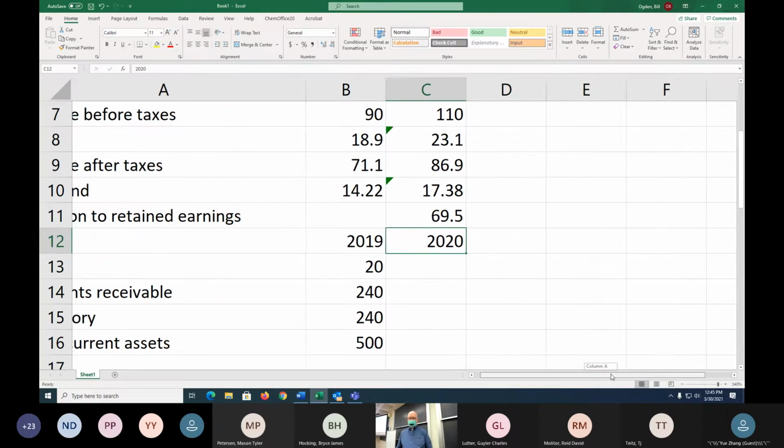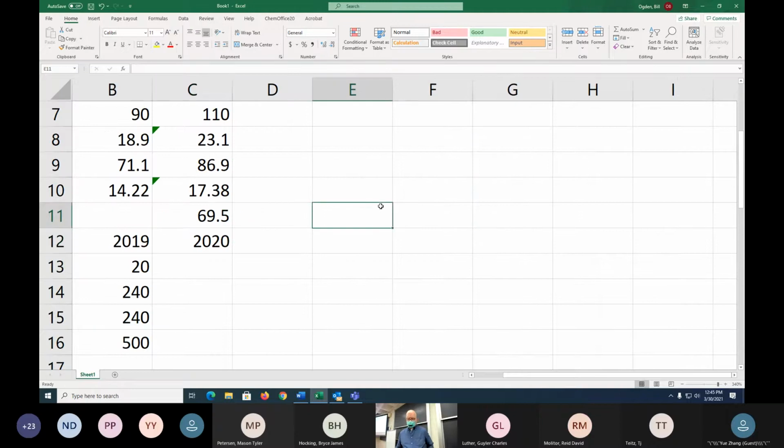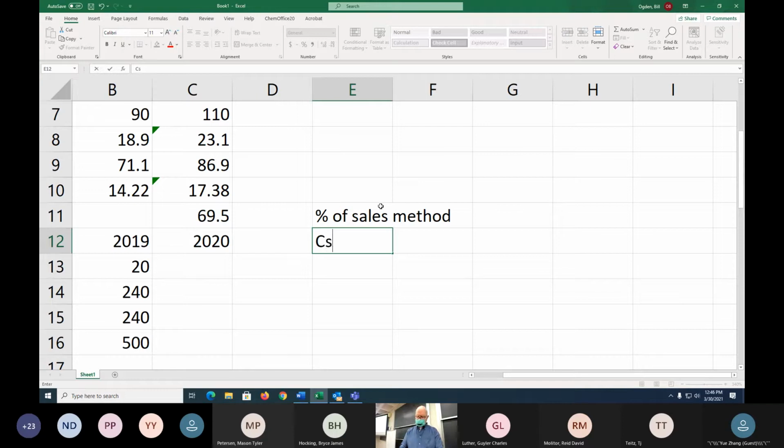And the method we're using is technically called the percent of sales method. That means that the balance sheet items remain a constant percent of sales. So for example, let's do cash. You don't need to write this down, just follow it.